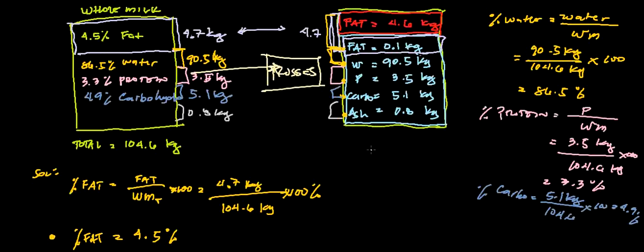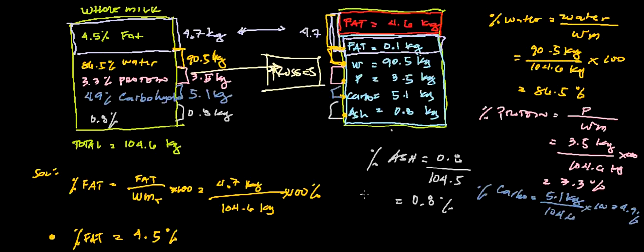And lastly, for the ash content, we have here 0.8 kilogram ash. So percent ash is equal to 0.8 kilogram divided by the total, 104.6, times 100. This is about 0.766, or about 0.8%.